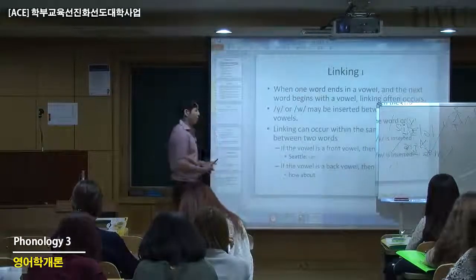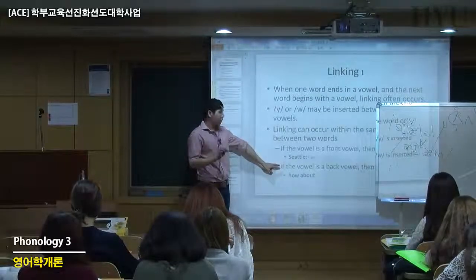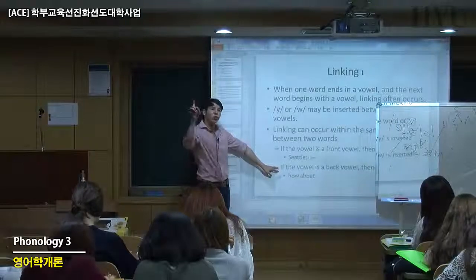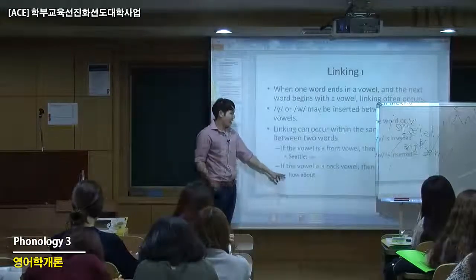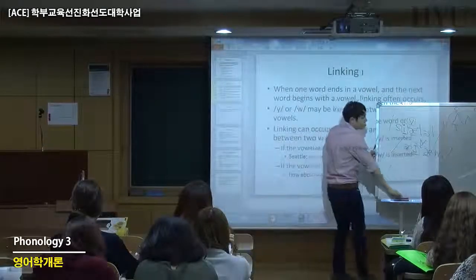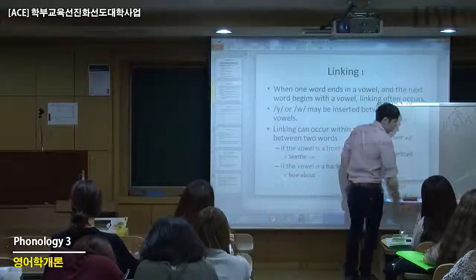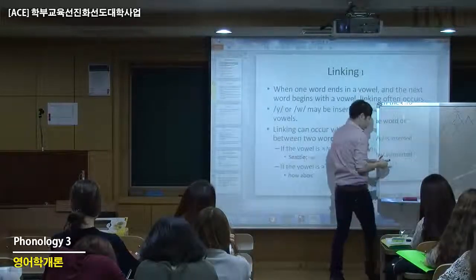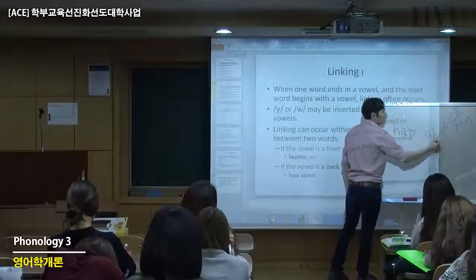Now, on the other hand, if the first vowel is a back vowel, oo, o, ah, like that, then you insert a W sound in there. Because W is always back, right? So the word how about, you have how and then about, like that, right?